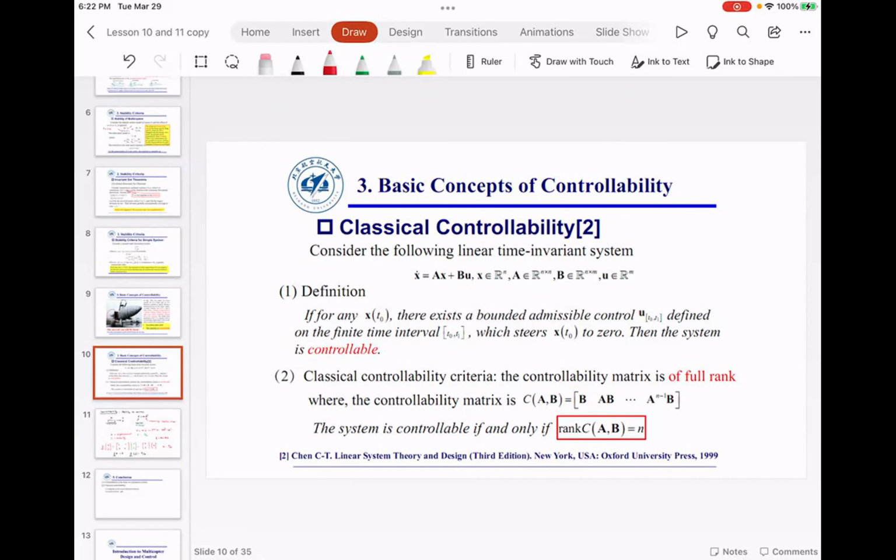The controllability matrix is the vector B, then the product of matrix A times vector B, and you continue doing that up to A to the power n minus 1 times B, and you find out the overall rank. So I want you to look at this.